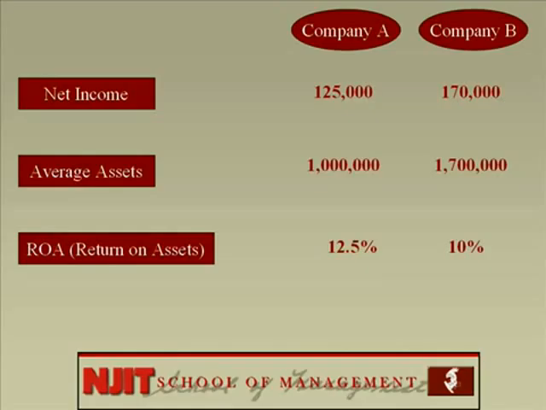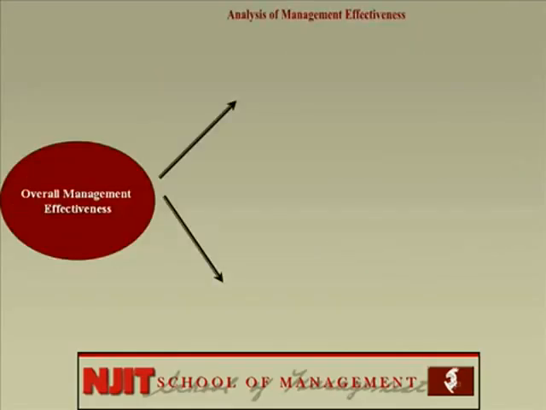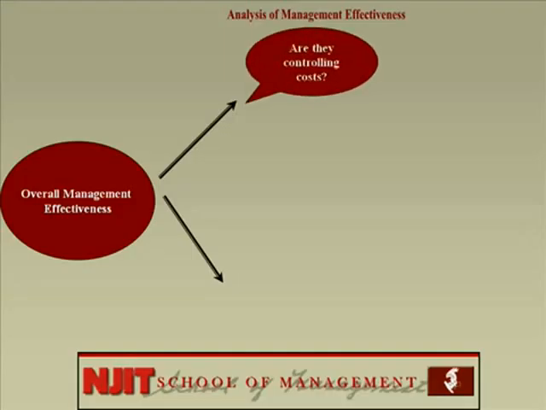There are 2 broad reasons a company could be performing better. To measure overall management effectiveness, you ask 2 questions. One, are they controlling costs?